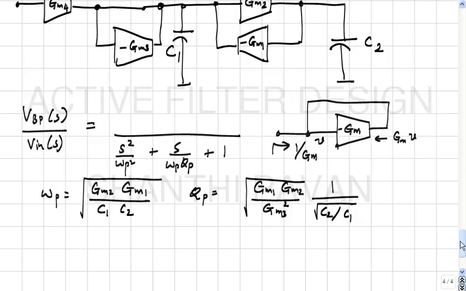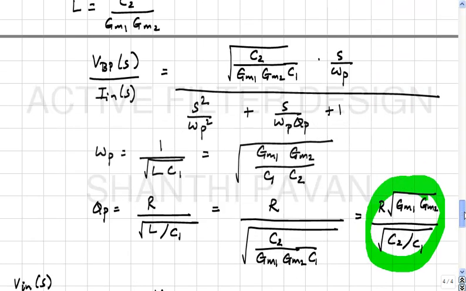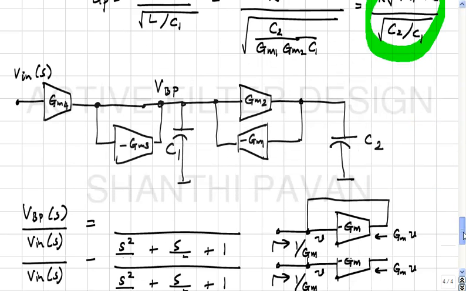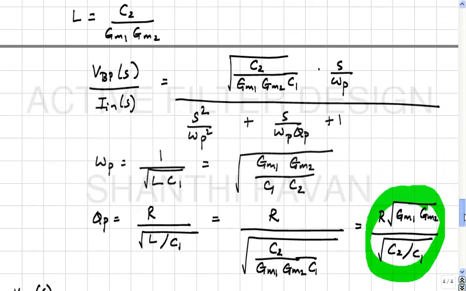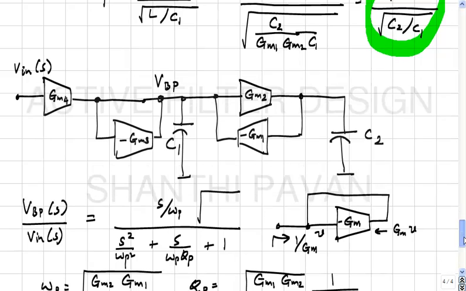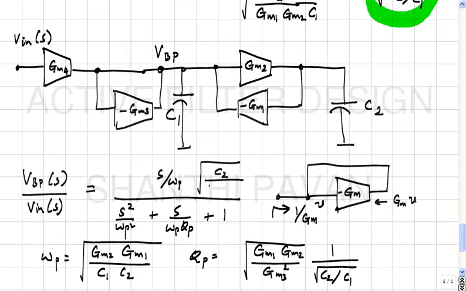Okay. And what happens in the numerator? We earlier had S by omega p times square root of C2 by C1 Gm1 Gm2.